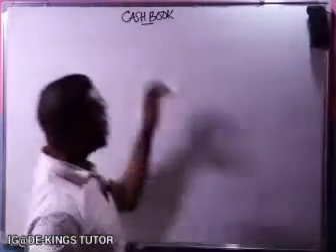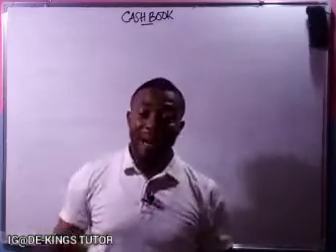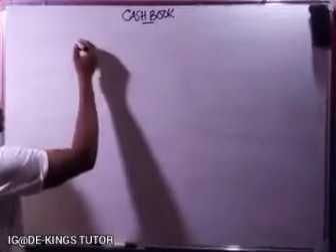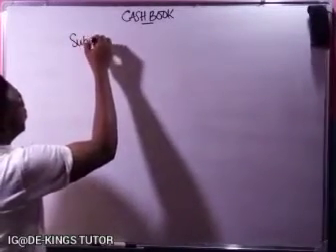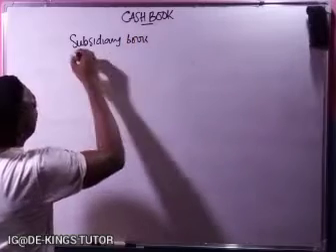Now, the cash book, like we've seen in the previous video on the books of account, is a subsidiary book and also the principal book.